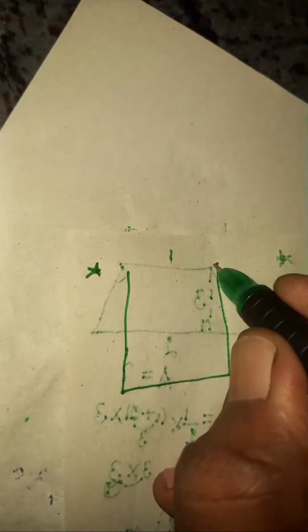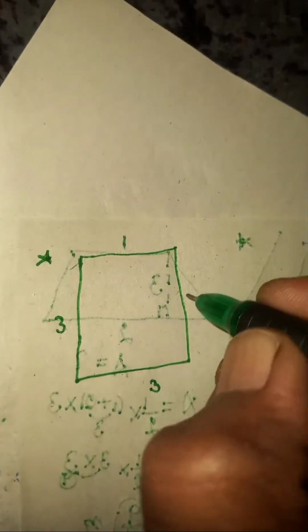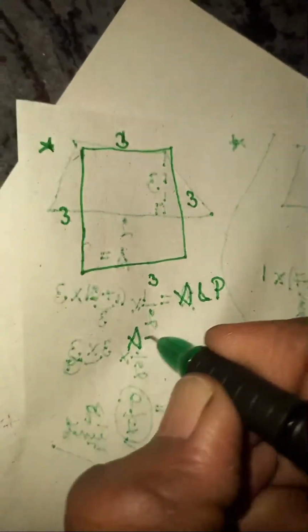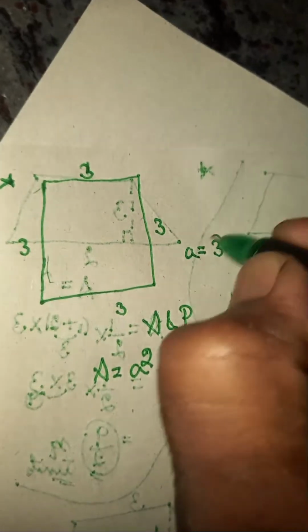Now let's take one more square. In this square we can take all sides are equal to 3 units. All sides are 3 units. Here also you must find out area and perimeter. Area equal to a squared. Here a is the side length, which is 3 units.